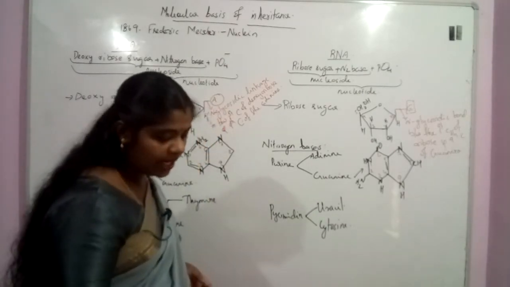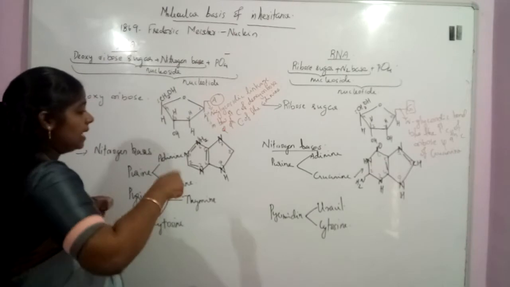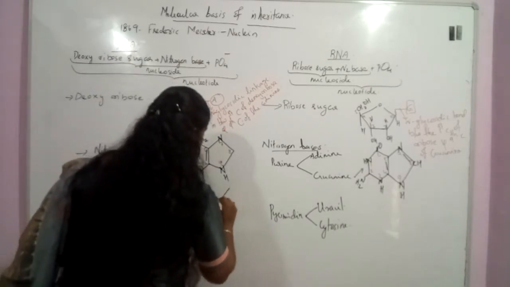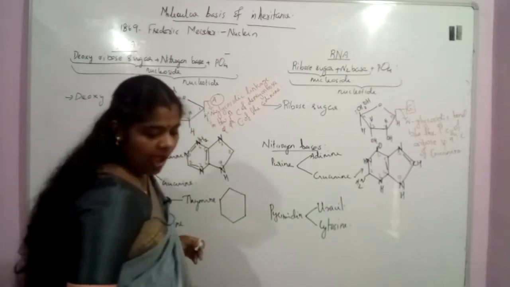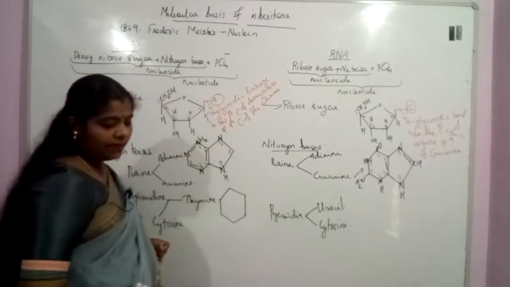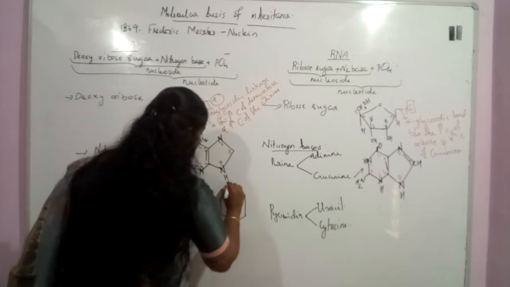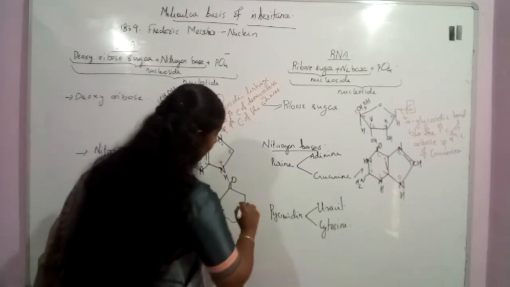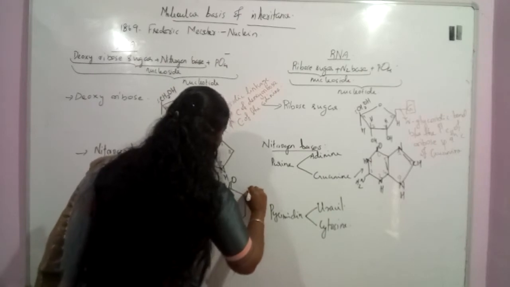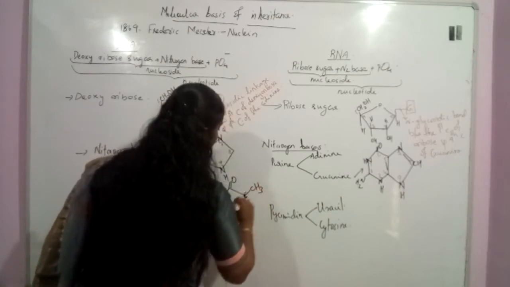Thymine, the structure: it is a single ring structure. We can see thymine will have one double bond oxygen in this place, and here a CH3 group, a methyl group, is attached.